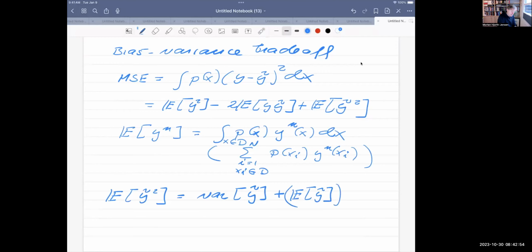So this is just a standard expression for the variance. If I then look at the expectation value of this y squared, what we are going to bring back now is that y of x is assumed to be a function f of x plus this noise epsilon. So that's a basic assumption we are making about the data.